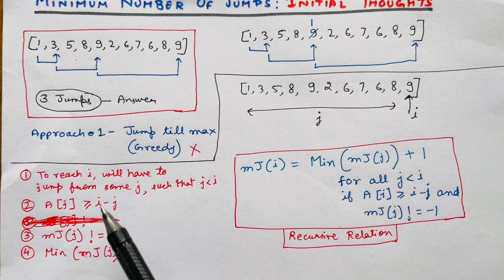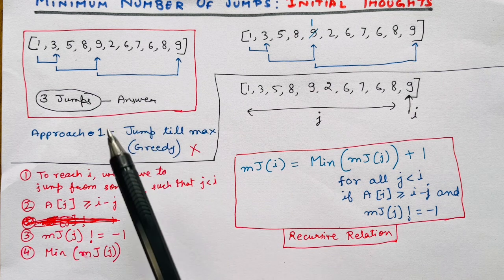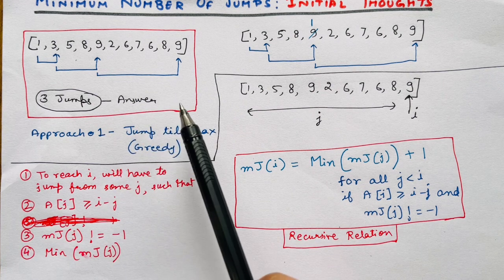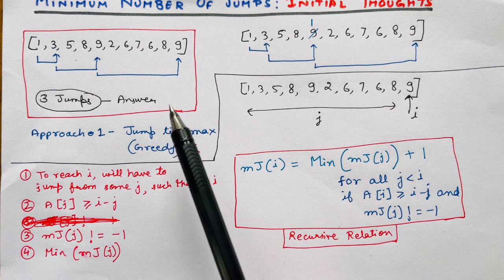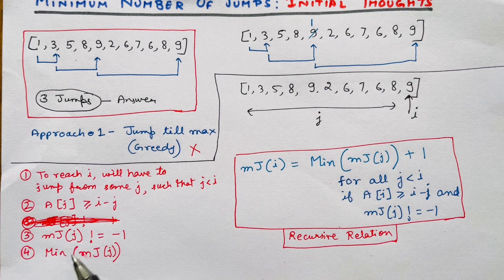We thought that to reach any index I, which may be the last index or may be any other index, we will have to make a direct jump from some index j, which is prior to I. So this was our first observation. Then a jump from j to I is possible only if Aj is greater than or equal to I minus j. This was our second observation.